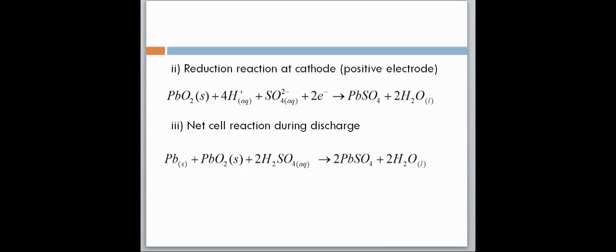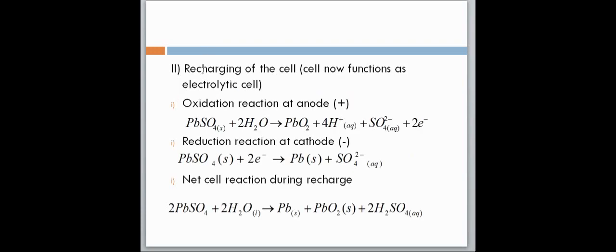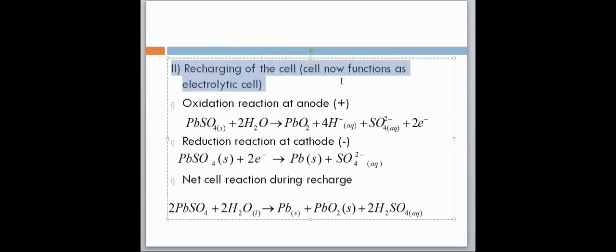What about recharging of the cell? Now, the cell functions as an electrolytic cell, which means electrical energy is getting converted into chemical energy. When I plug it in, my dear students, the electric current goes to my mobile phone so that the energy gets converted to chemical energy.